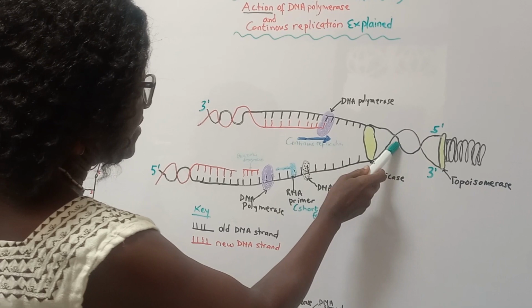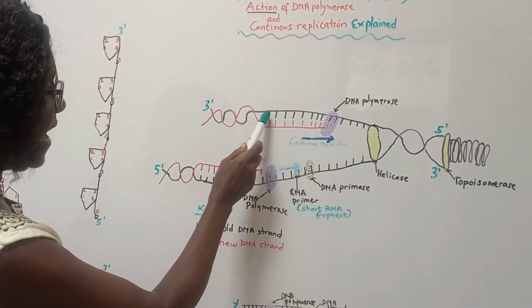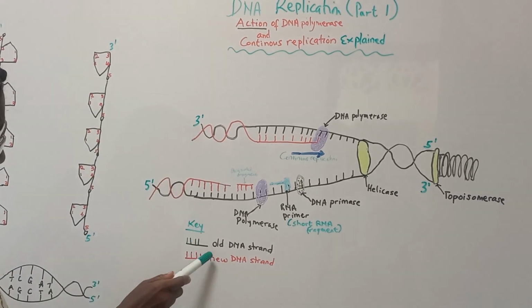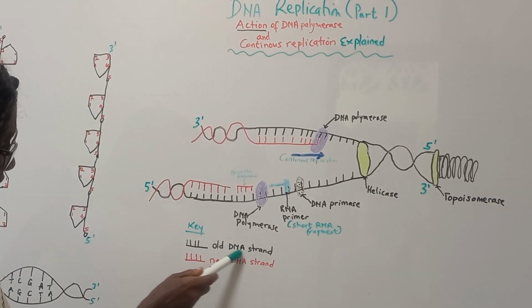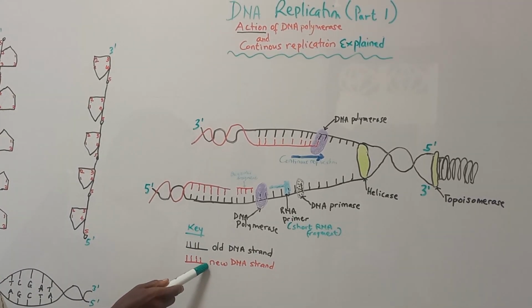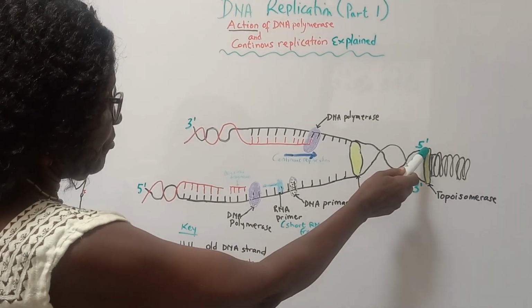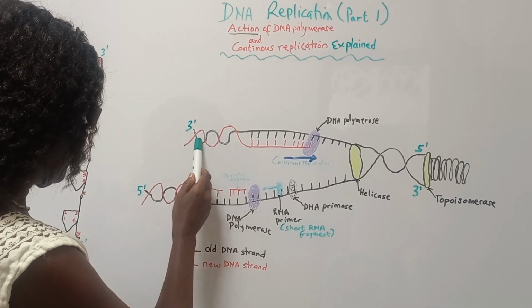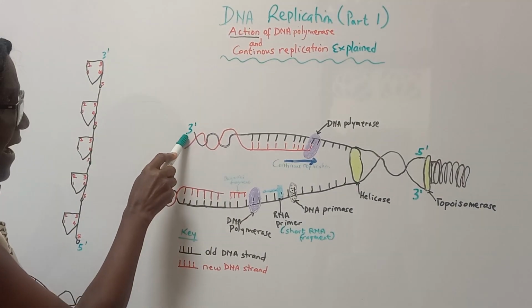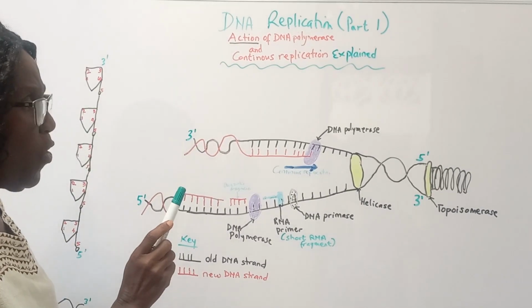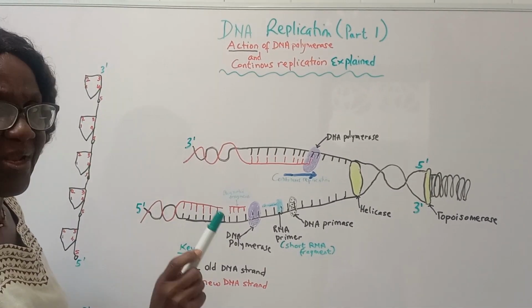We can trace the 5 prime, and the end of the 5 prime is the 3 prime. Take note that the old DNA strand is the black one, and the new DNA strand is the red. So the 5 prime ends up in the 3 prime.